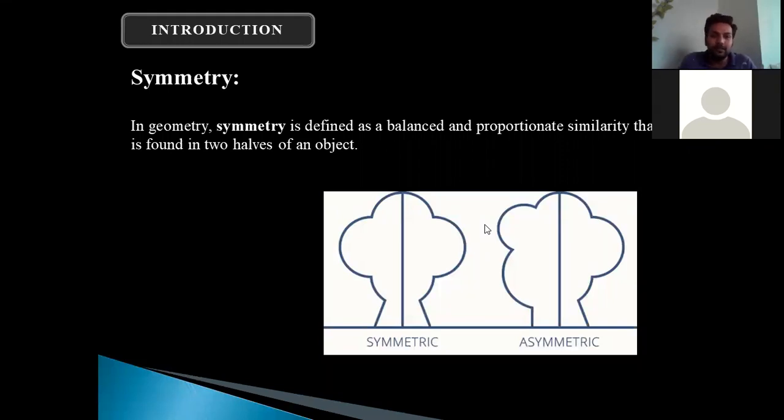As we know, mineral crystals are naturally occurring and hence they are not separated from this symmetry. It means the crystals also possess symmetry. So in this topic, we are going to discuss how this symmetry is present in the crystals and how it can be measured with the help of different symmetry elements.